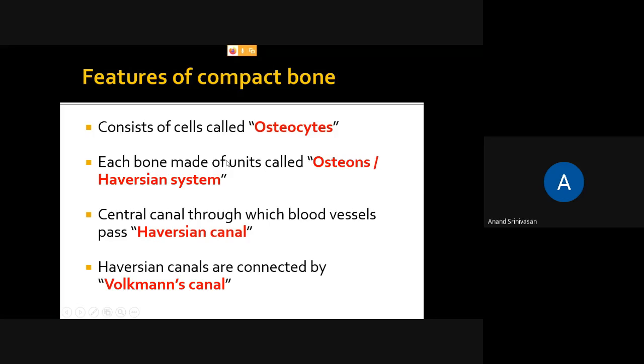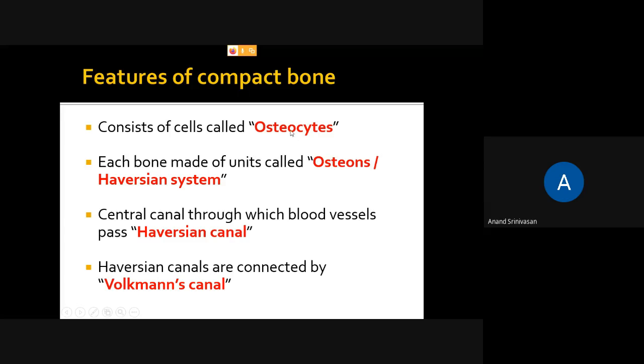Each bone is made up of a unit called osteons or Haversian system. The central part of this osteon is a canal, called the Haversian canal. And the Haversian canals are connected by Volkmann's canal.